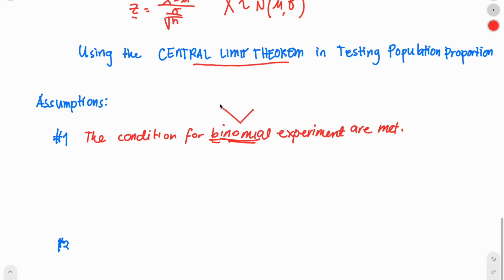The conditions for a binomial experiment are met when each trial has only two possible outcomes: success or fail.